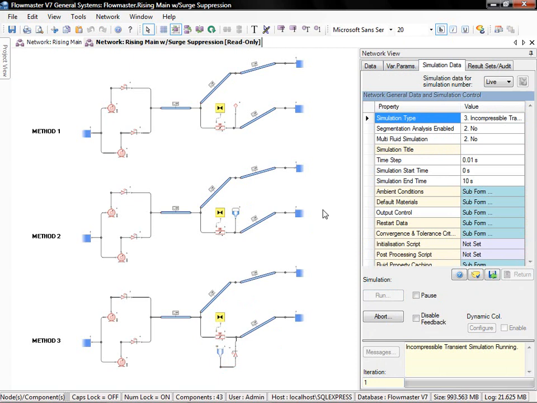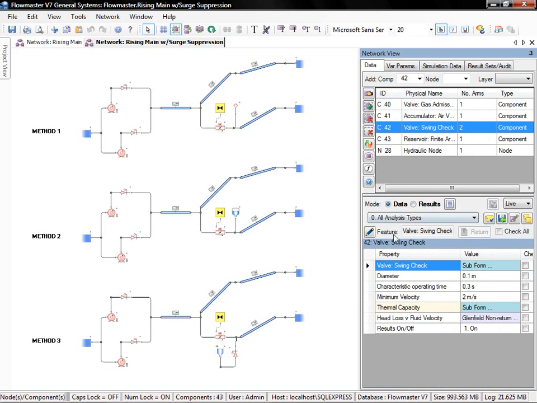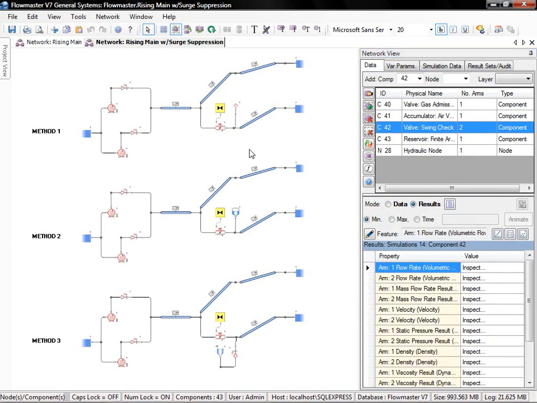And what we want to do is take a look and see what the pressure is after each of these valves, and basically what the maximum pressure is, as well as the behavior of the surge itself. What we would likely expect is that the system without any type of surge suppression is going to have the highest pressure spikes, and that is actually what we see with these results.